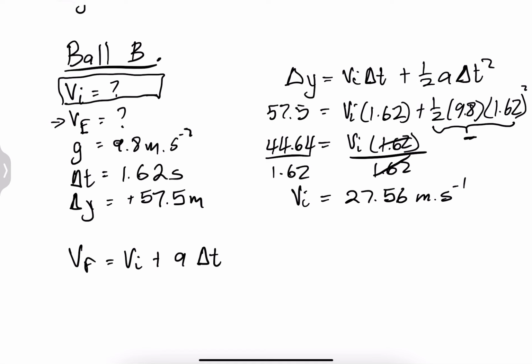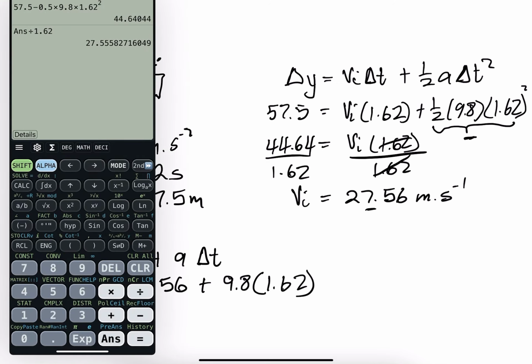Right, so Vf, we're looking for the final velocity. Now we know what our initial velocity is, right? That's 27.56 plus 9.8 times 1.62. Of course, you could have used the other formula, in this case, Vf squared and so on, right?